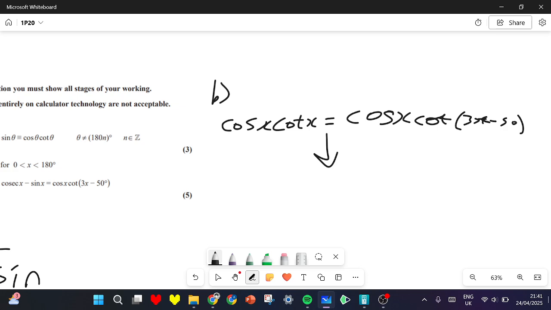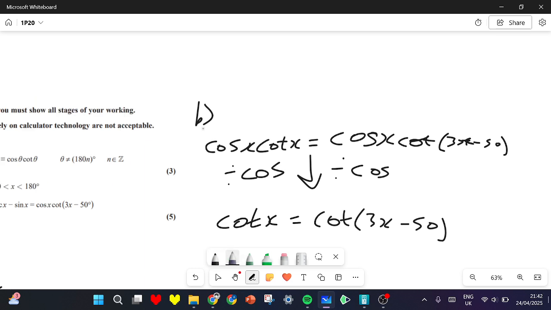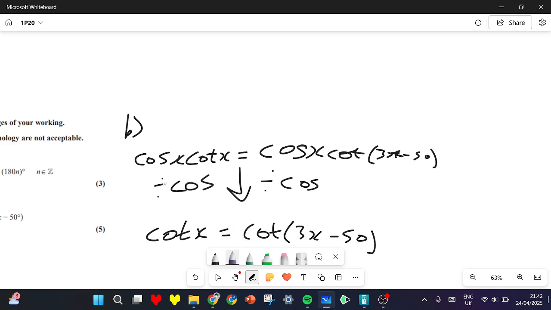Okay, and then here I divided both sides by cos. So that was cot x is equal to cot 3x minus 50. Then you also have to remember that when you divide by any trig function on both sides, there's also another solution, which is for when whatever you're dividing by is equal to 0.